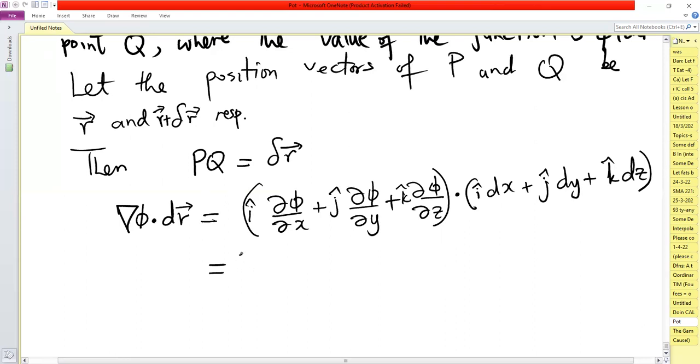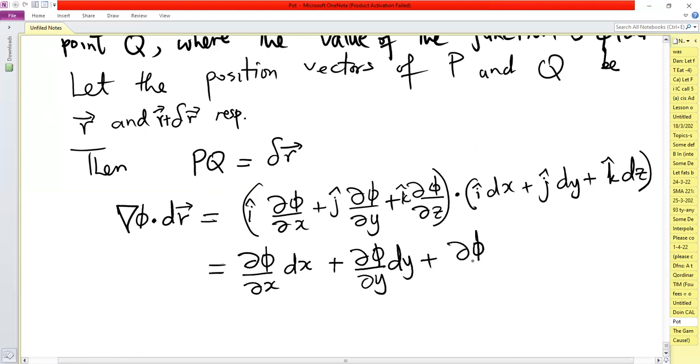So we'll have partial phi partial x dx plus partial phi partial y dy plus partial phi partial z dz. And you see, this is the interpretation of the differential of phi.